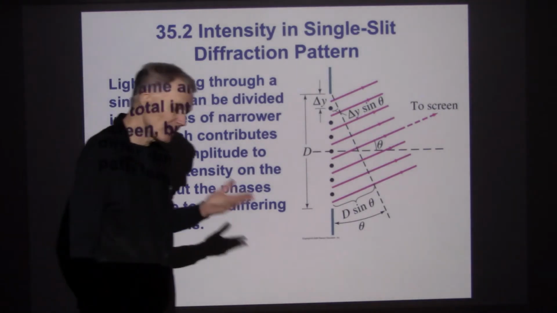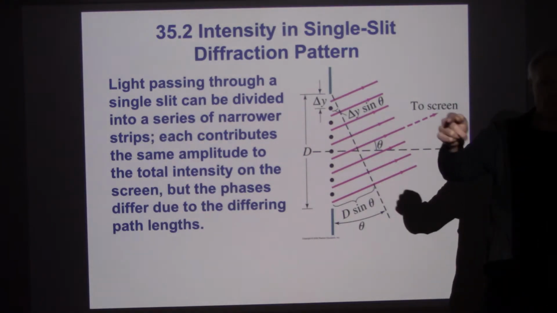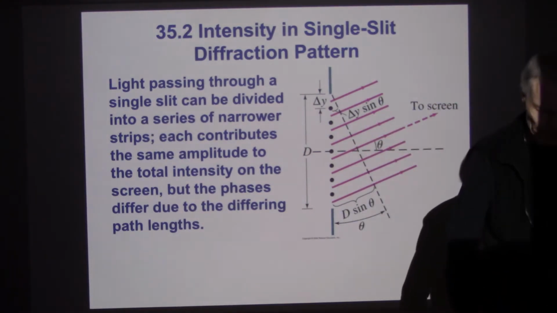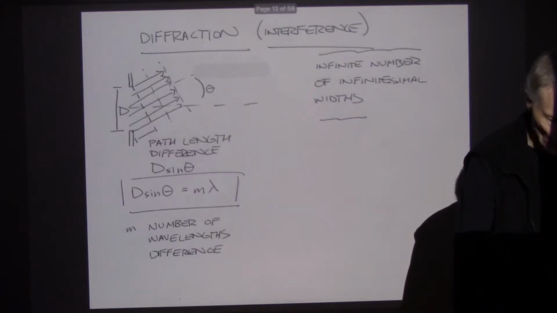So that formula is going to relate what the m value is as I move across the screen, and the m value is going to give us an idea of what the intensity is.